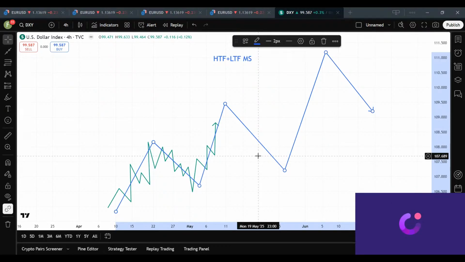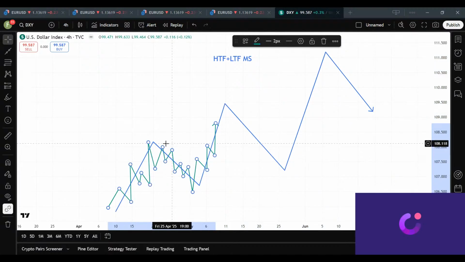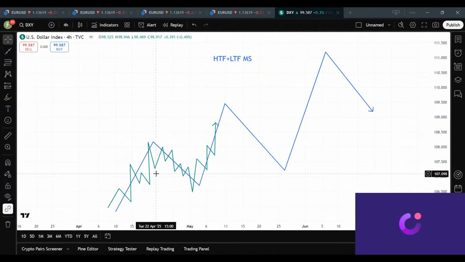We need you to not be confused by the market noise, and this is what the market noise does to the actual movement of price. This is what is making traders lose money. This is what is making us lose money. But this is how the actual ultimate movement of the market will look like.